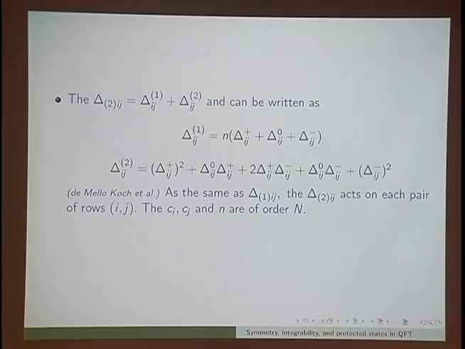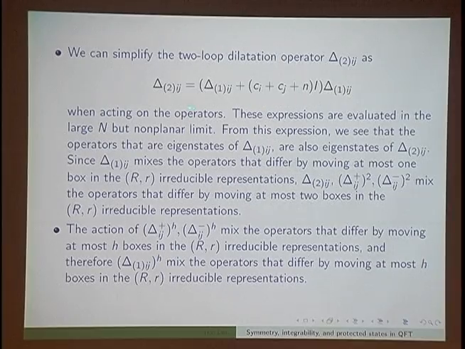And it turns out this 2-loop dilatation generator can be written as a polynomial of degree 2 of the 1-loop dilatation generator. So then one can see that the h-loop dilatation operator in the large N limit can be written as a polynomial of degree h of the 1-loop dilatation operator. And they can mix Young diagrams by moving at most h boxes.